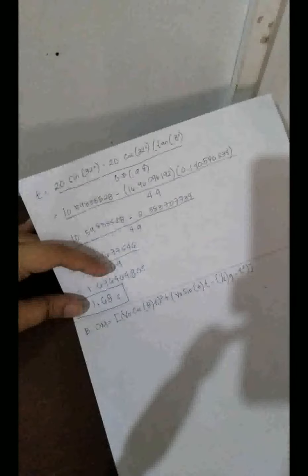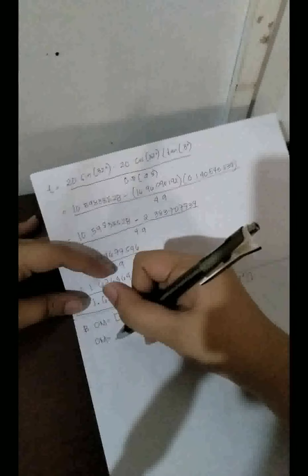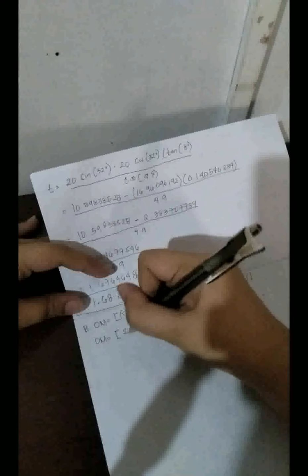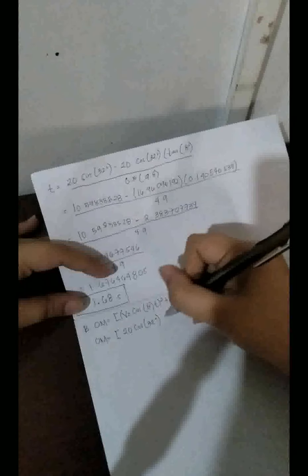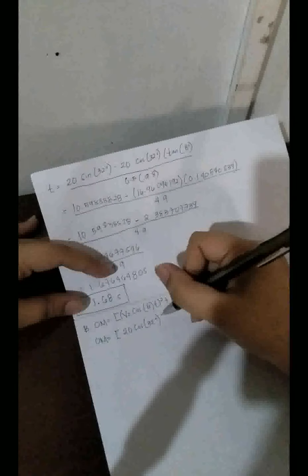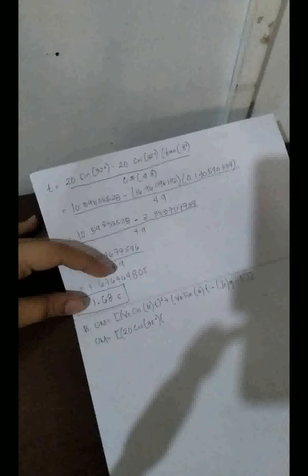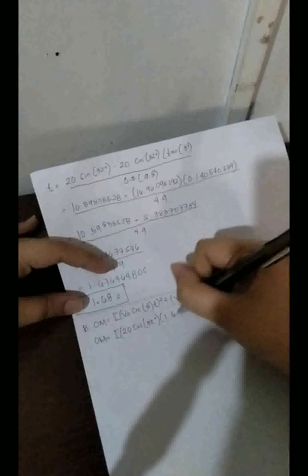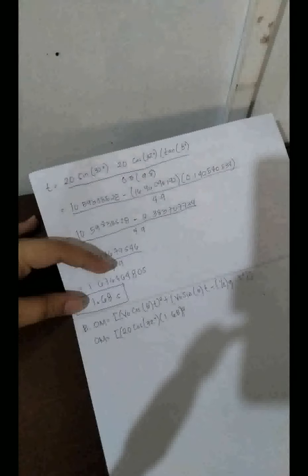So we just continue. Substitution now: VO is still 20, then cos, then 32 degrees, then our t, which is 1.68, then squared.